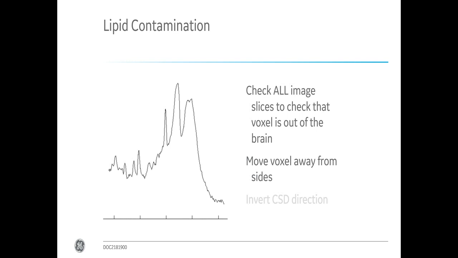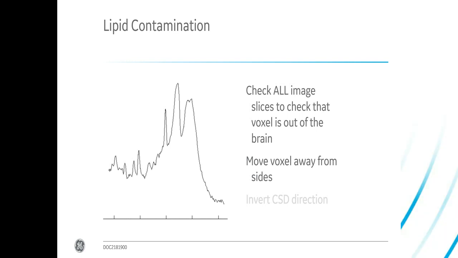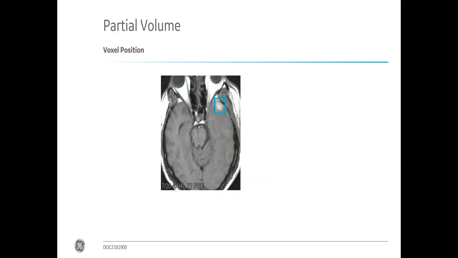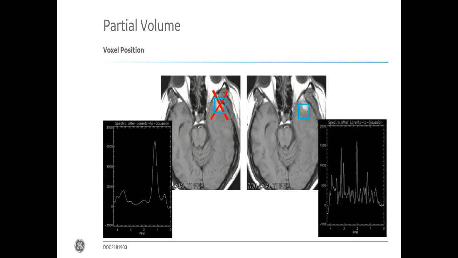So if we do have a tumor that is often very close to the skull, and you would like to place your standard voxel on top of that, you get a spectrum like that, with huge lipid contamination. Instead of doing that, you should move your voxel slightly away from the skull, avoiding lipid contamination.